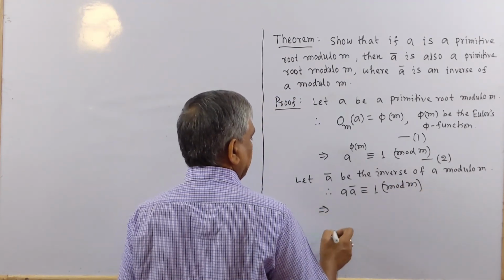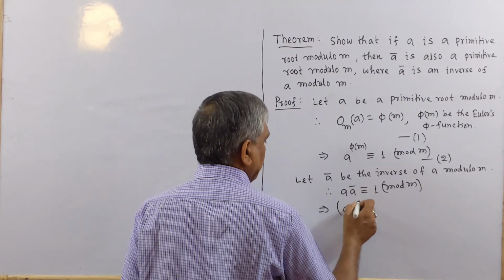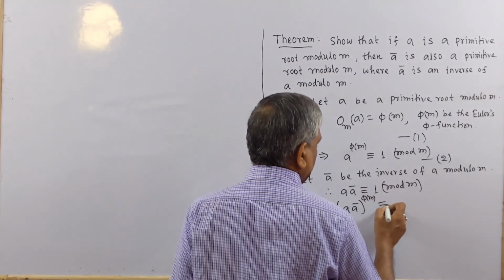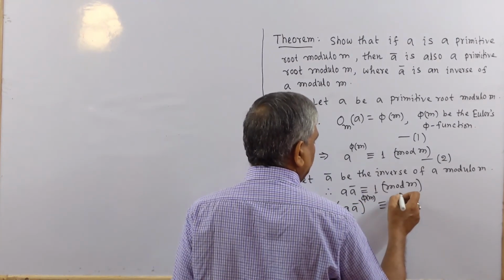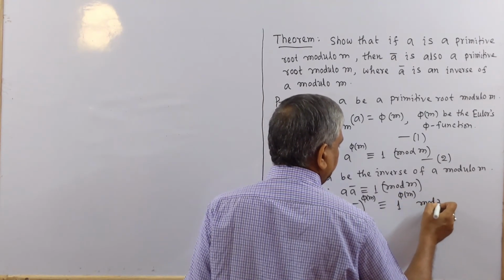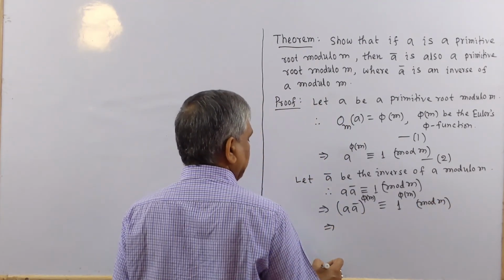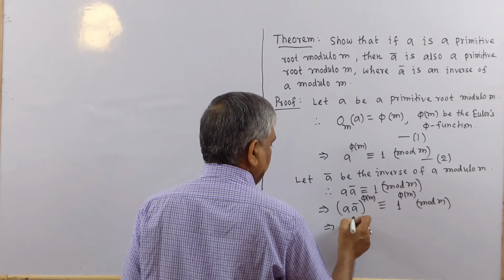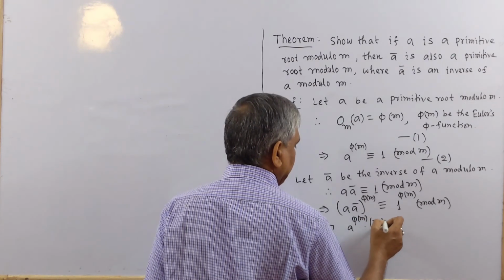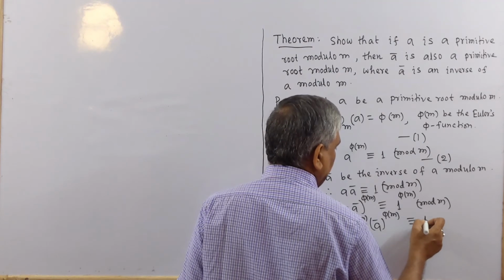Implies that a bar to the power phi m is congruent to 1 to the power phi m modulo m, implies that a to the power phi m multiplied by a bar to the power phi m is congruent to 1 modulo m.